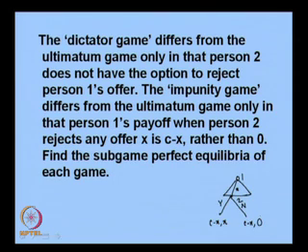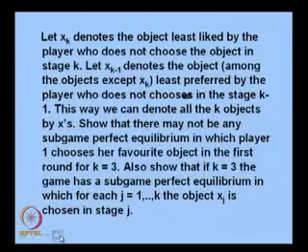So, here it is called the impunity game, because player 2, though he can say no, in that no action player 1 is not getting 0, he is having some impunity, and that is why he is getting c minus x. So, by saying no, player 2 is in fact harming himself, not harming the other player. So, that is it.